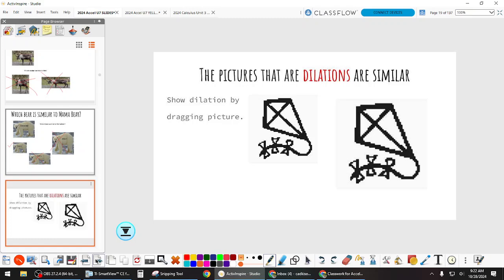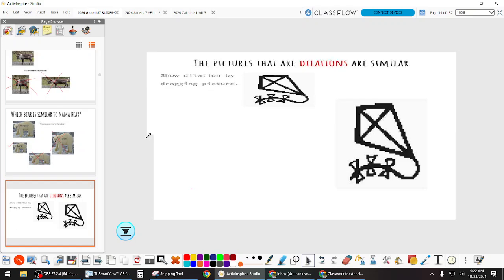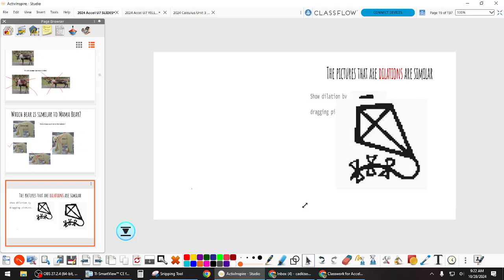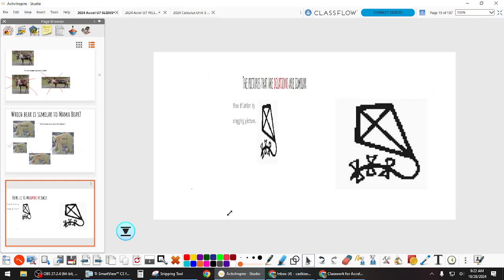Okay? And you guys have all done this. In fact, you just saw me do it. If I wanted to change the size of this picture, I could do that. Is that similar? No. Because I only changed one dimension, right? Same thing this way. I could only change the left and right dimension. So it looks different.